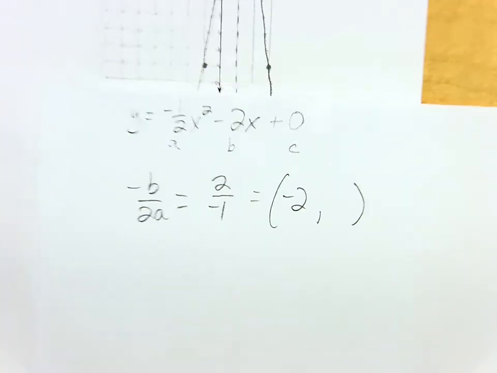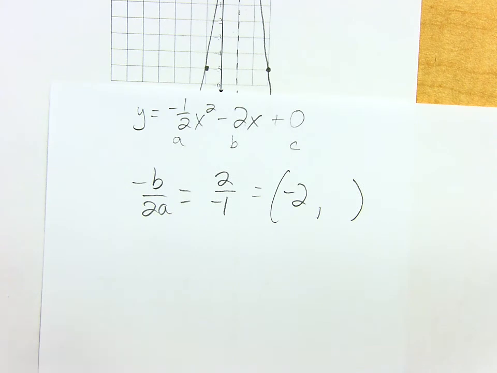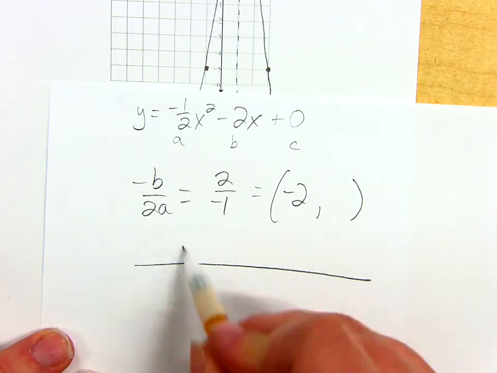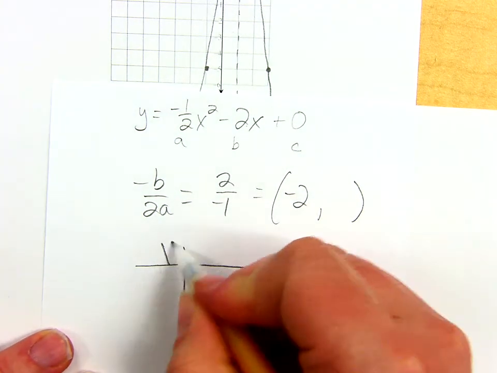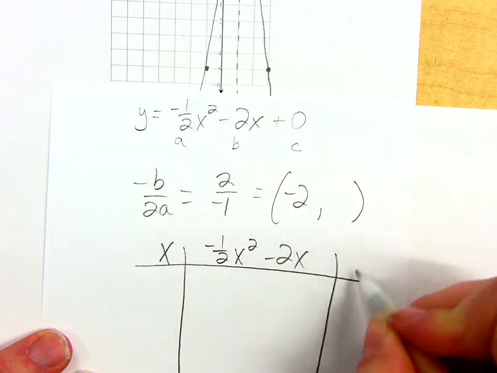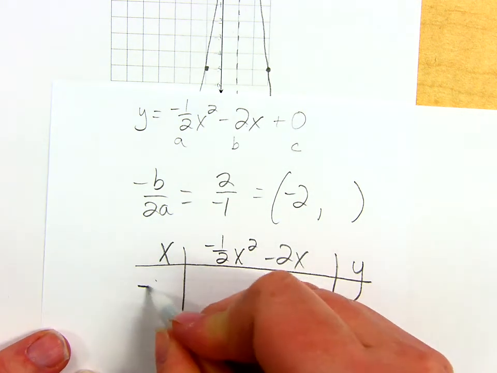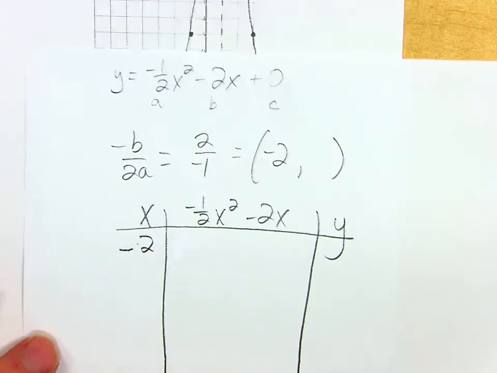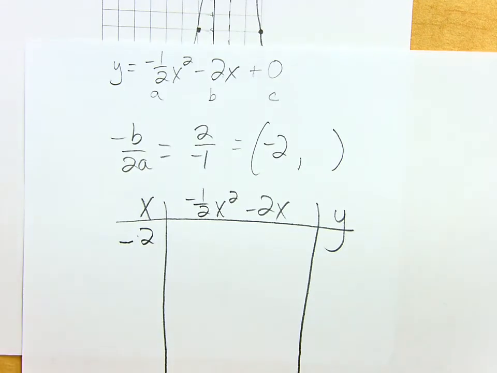So again, I'm just going to make my chart, and the first number I plug in is a negative 2, and we'll see what our y-coordinate of the vertex is.